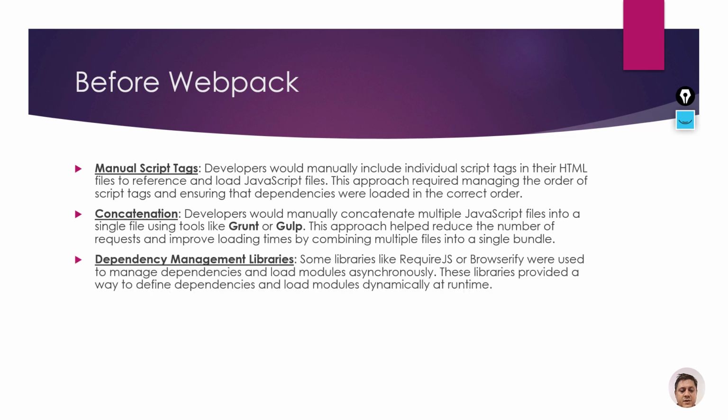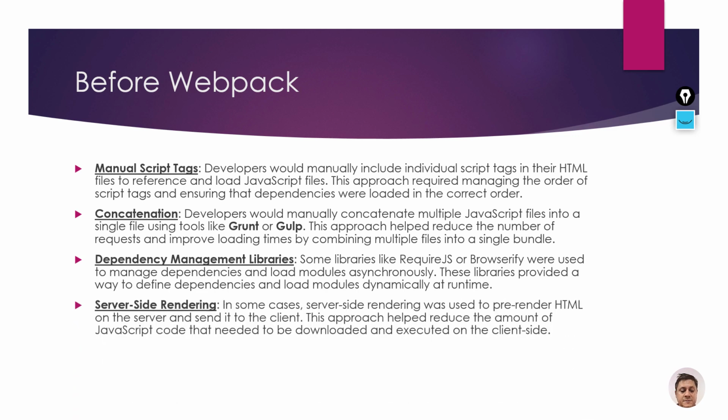And we also needed to handle dependency management, what files we need, what libraries we need, dynamically at runtime. And we also used to do server-side rendering. You all know what is server-side rendering, right? The files are rendered and kept on the server side so that SEO and other places can make use of it.